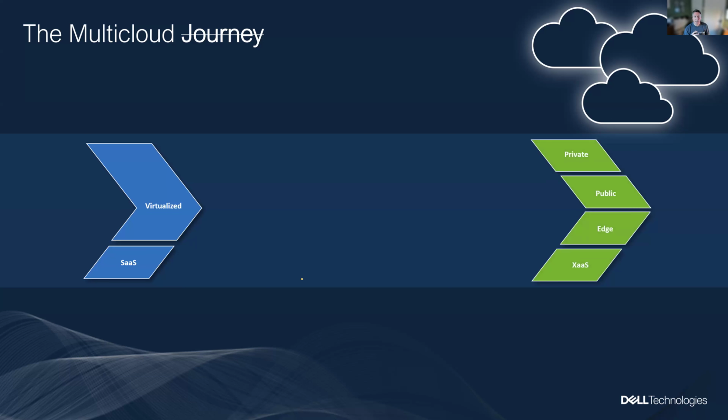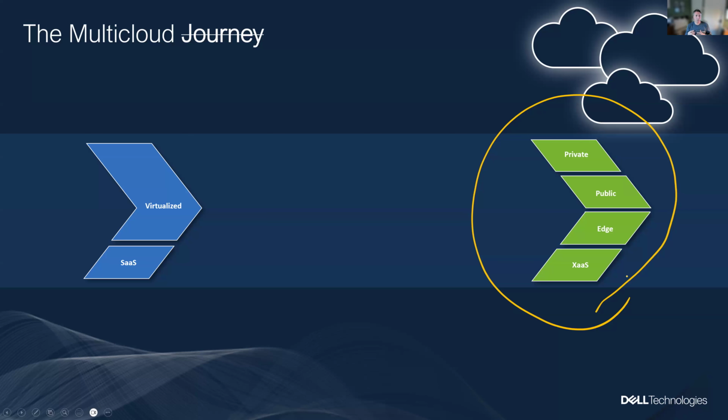So if we take a look at this, when someone starts operating in a multi-cloud model and they're on the journey to get there, the ultimate goal is right here. So we want a private cloud, we want a public cloud, and maybe multiple of each, right? We need edge locations, and we want anything as a service.